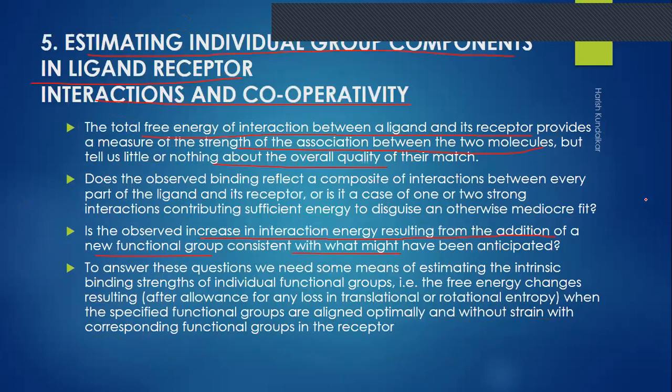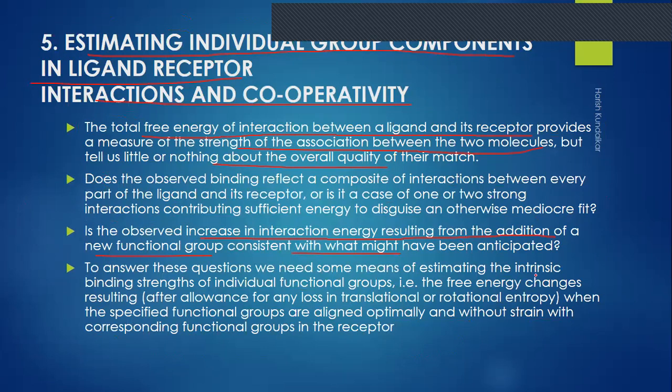So we just need to look at those functional groups and try to grasp. We try to gain experience looking at the structures, looking at those different functional groups which are substituted, as to what effect they will have on the binding of the ligand with the receptor.